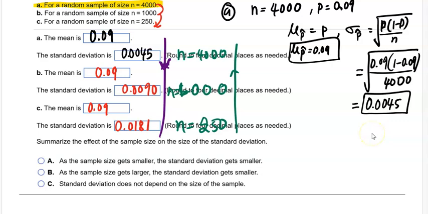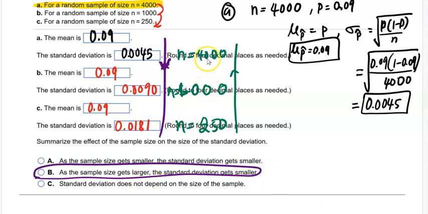So you choose the answer here: as the sample size gets larger, the standard deviation gets smaller. That's the answer for the last question. In other words, as the sample size gets smaller, the standard deviation gets larger.